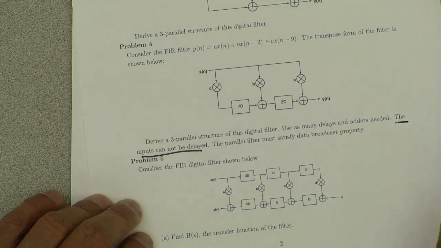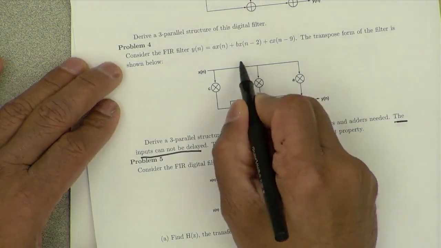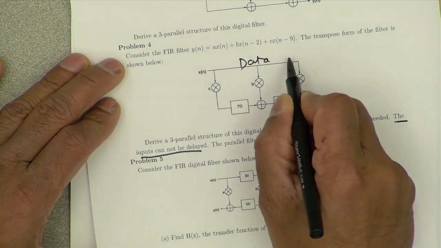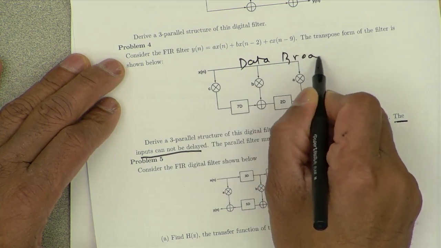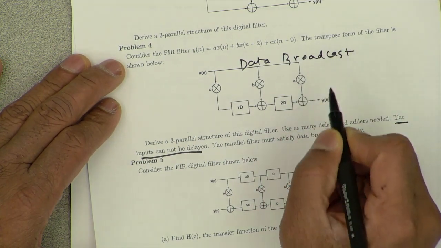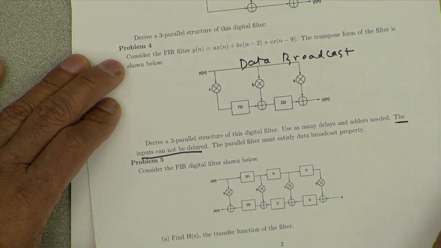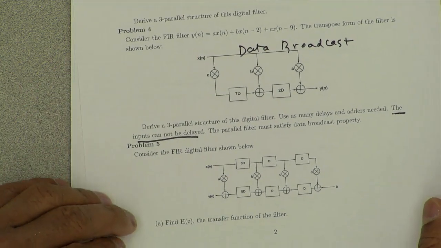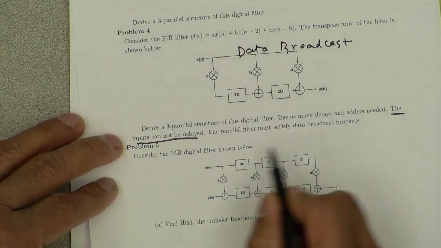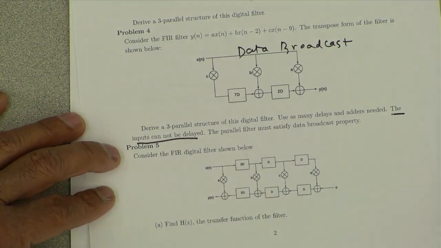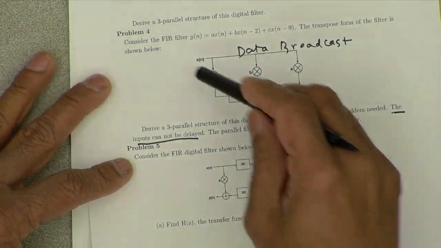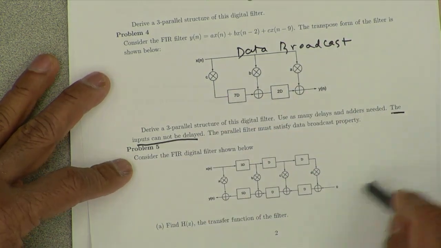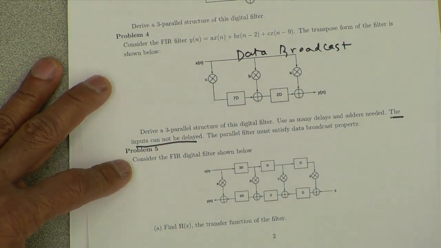By the way, the transpose form is also called the data broadcast form. So the data is broadcast to all the multipliers as opposed to delayed. So the inputs cannot be delayed, even in the parallel filter with 3 parallel things. So think about that a little bit.